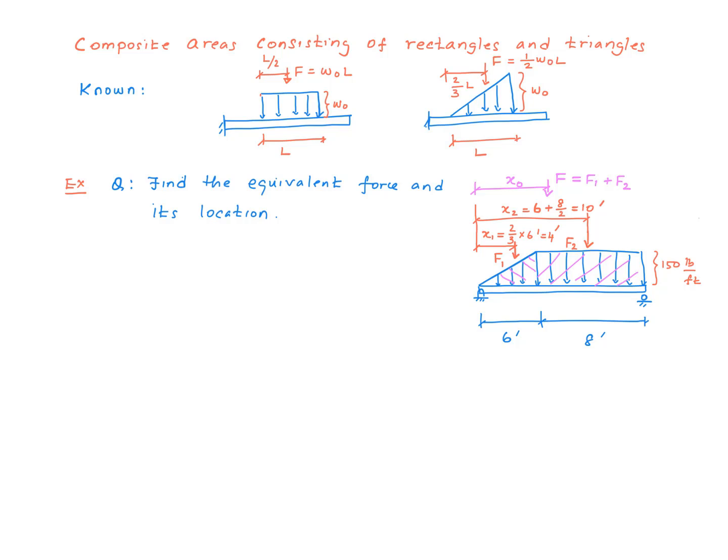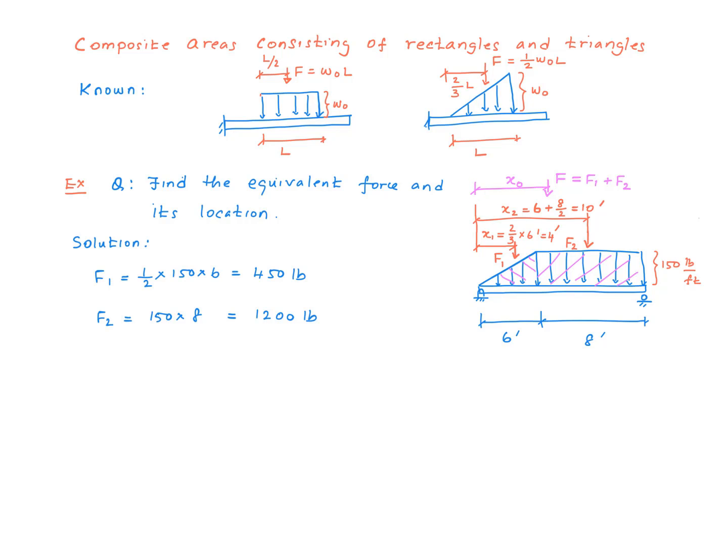And then F2 is going to be acting in the middle of the rectangle, right? So it's going to be in the middle over here. And therefore, X2 is going to be 6 feet plus half of 8 feet. And that's 10 feet. And let's call the resultant of the whole thing as F. So F is basically F1 plus F2. And let's call this distance as x naught.